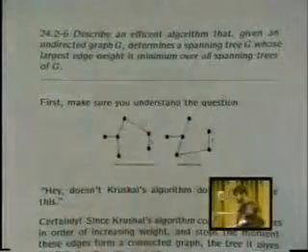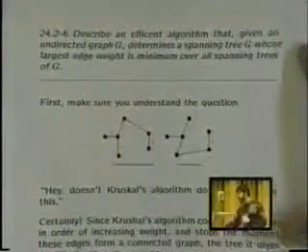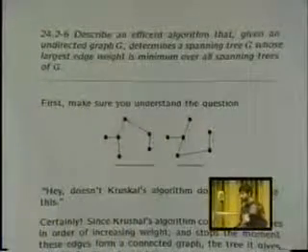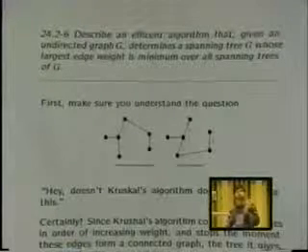The problem of the day asks, we were talking about spanning trees, describe an efficient algorithm that, given an undirected graph G, determines the spanning tree of G whose largest edge weight is minimum over all spanning trees. Now remember, for minimum spanning tree, what we were looking for was a spanning tree that minimized the sum of the edges.